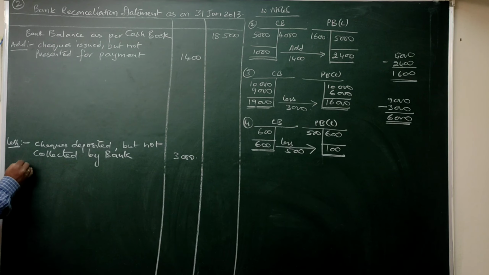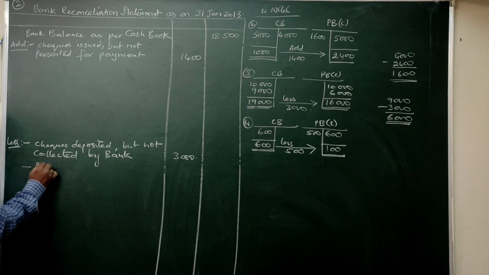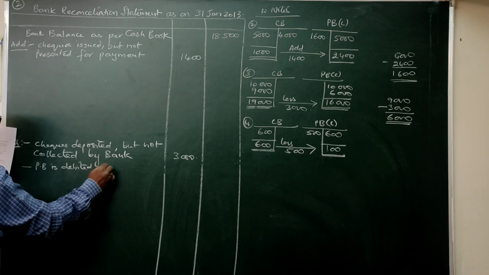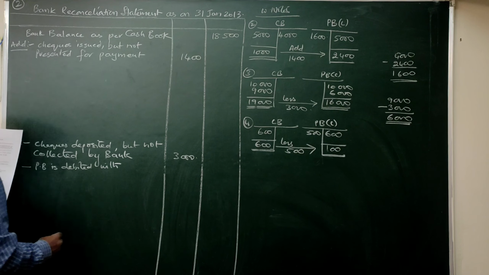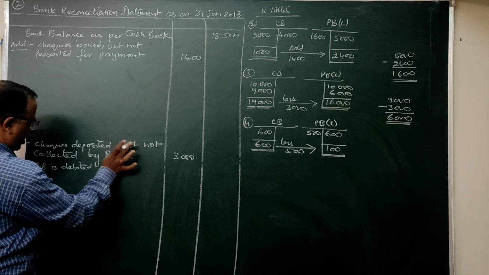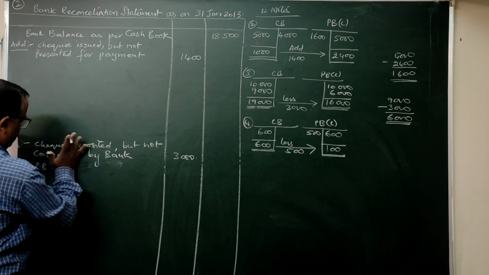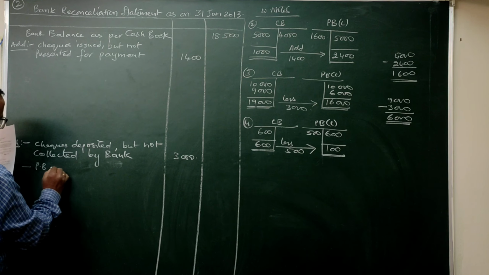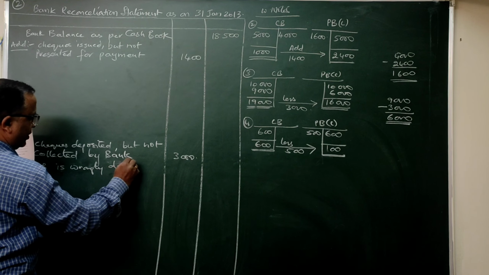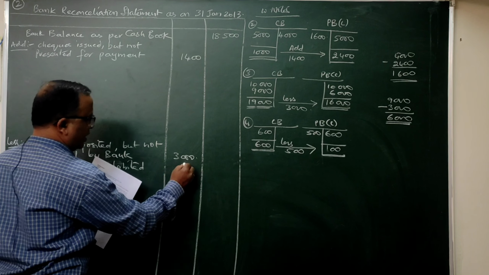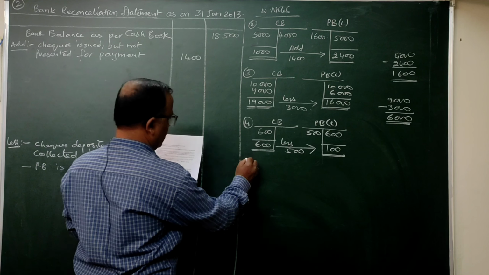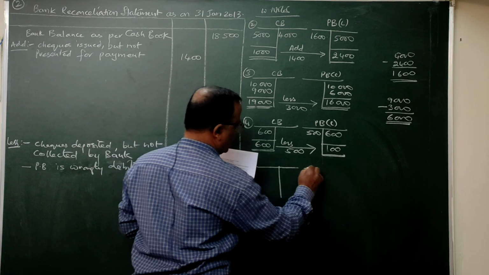So here below less, passbook wrongly debited. How much is it debited? It is debited with 500 rupees. Next, fifth transaction, you can see what we should do for this.